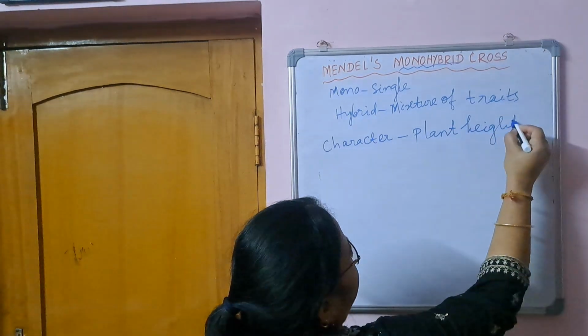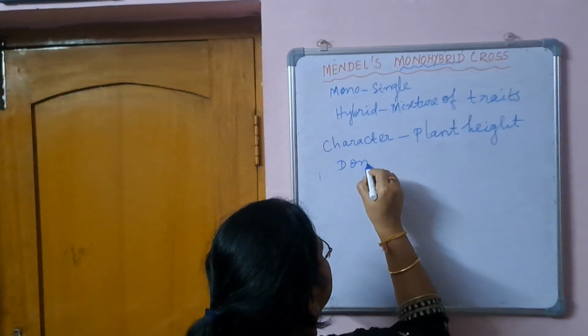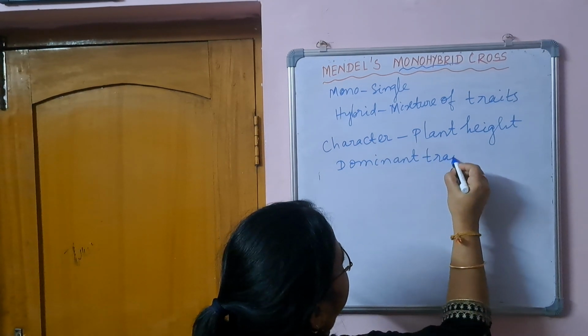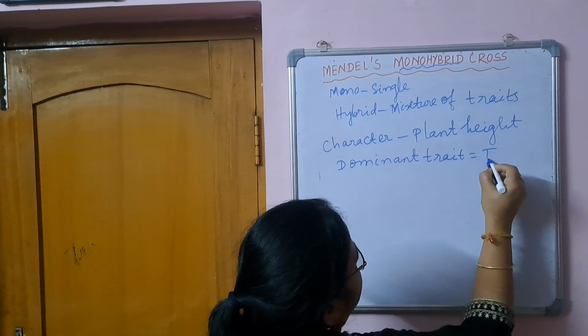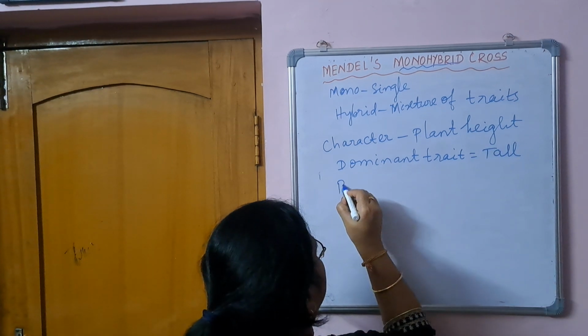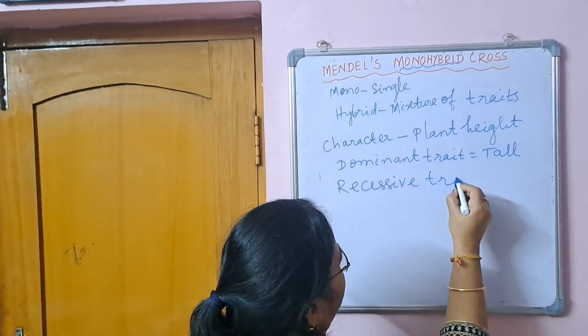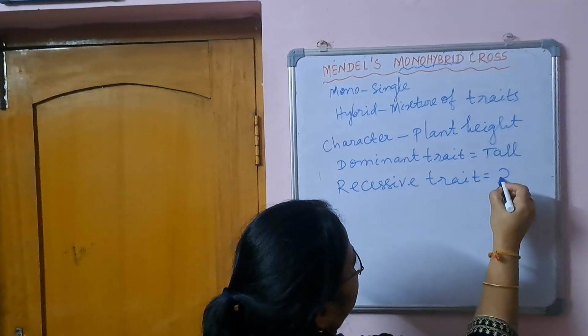In plant height, the dominant trait is tall, and the recessive trait is dwarf.